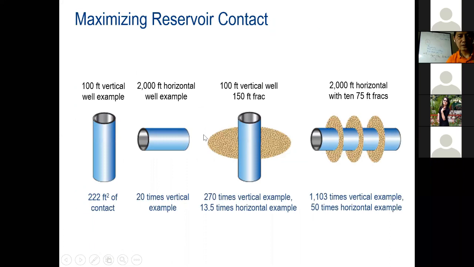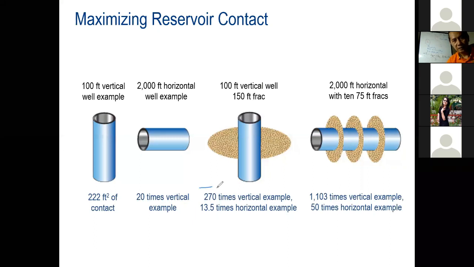Now, what's the comparison? You see all this good skin and everything, but physically speaking, what's the comparison of a frac? If you have a vertical well without frac, this is on your left side here, right? Then you put the horizontal well. When you put the frac to your vertical well, that is 270 times here, if you see this annotation.